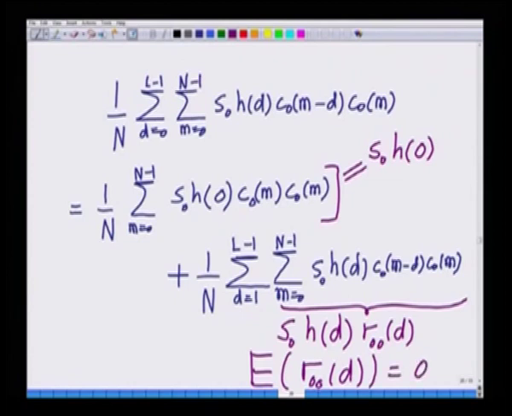When you shift a CDMA sequence and correlate it, even though it is the same sequence, it behaves like a totally random sequence, hence the expected value of the correlation is 0. This means you are able to extract the 0th path, corresponding to h of 0, while suppressing all the other paths by correlating with C0 of m.